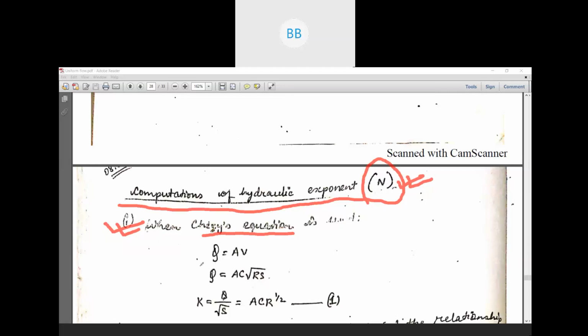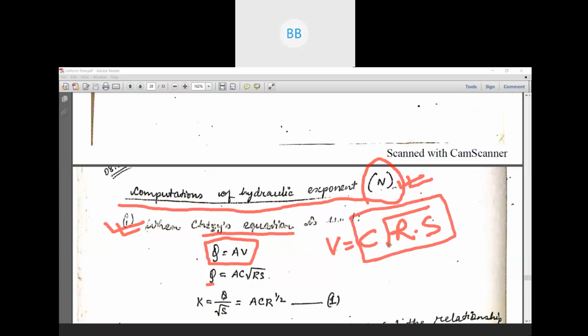So then we use the discharge equation, Q equal to area into velocity. In place of velocity, we have written Chezy's equation: Chezy's constant multiplied by root over R into S_B.